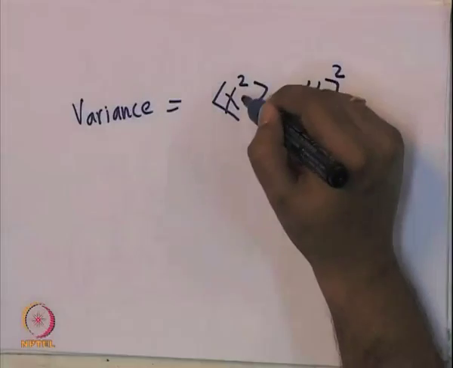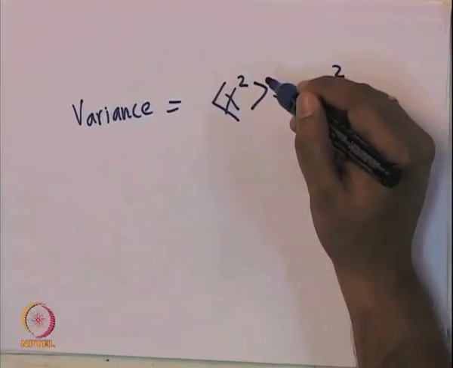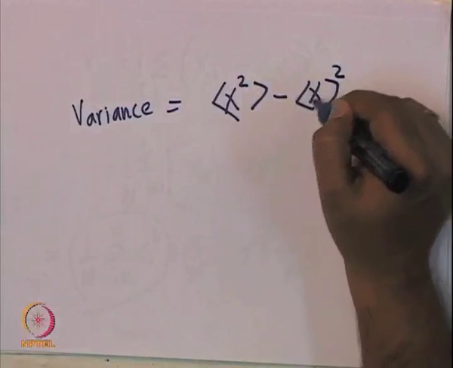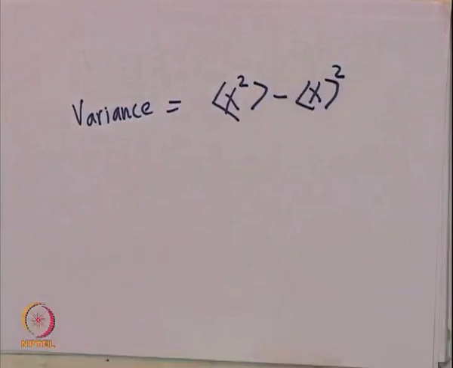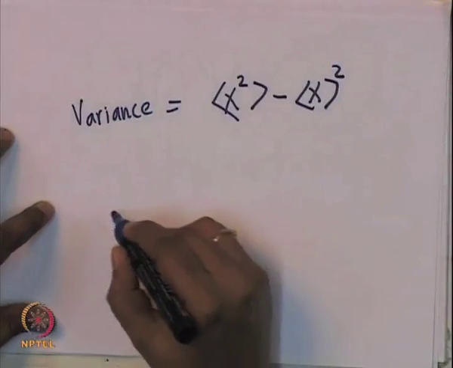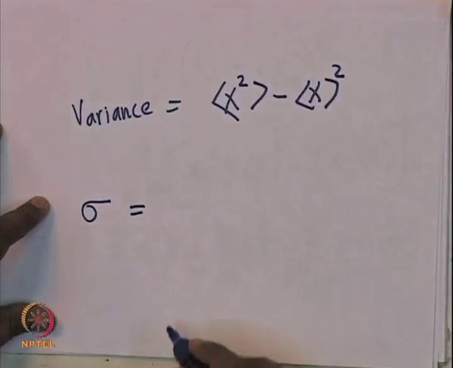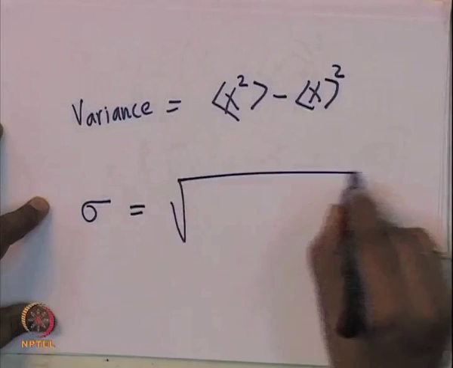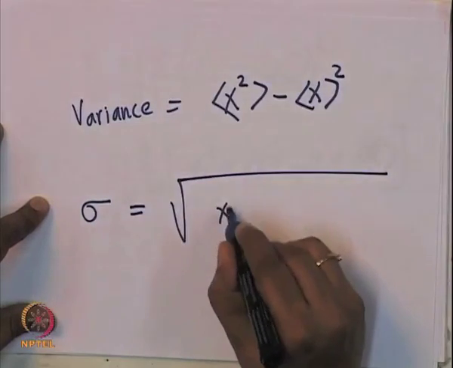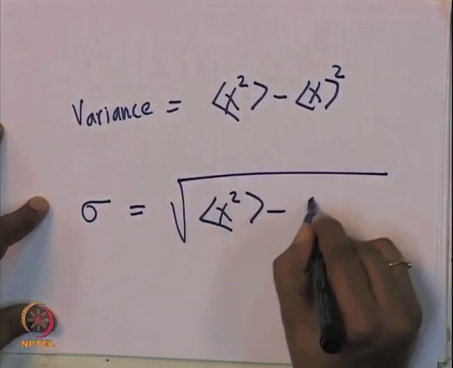So first calculate x square and then calculate the average of it, then subtract from that x average square. The square root of this variance is called standard deviation, or sigma. So sigma is the standard deviation.